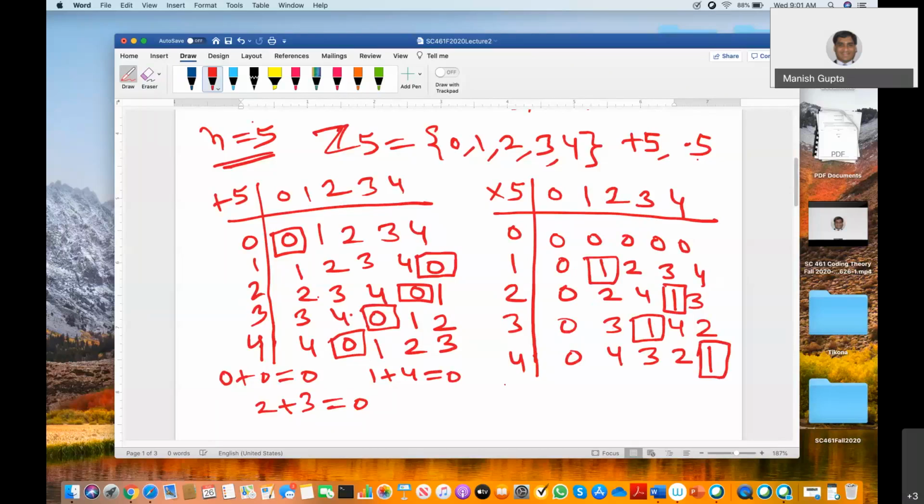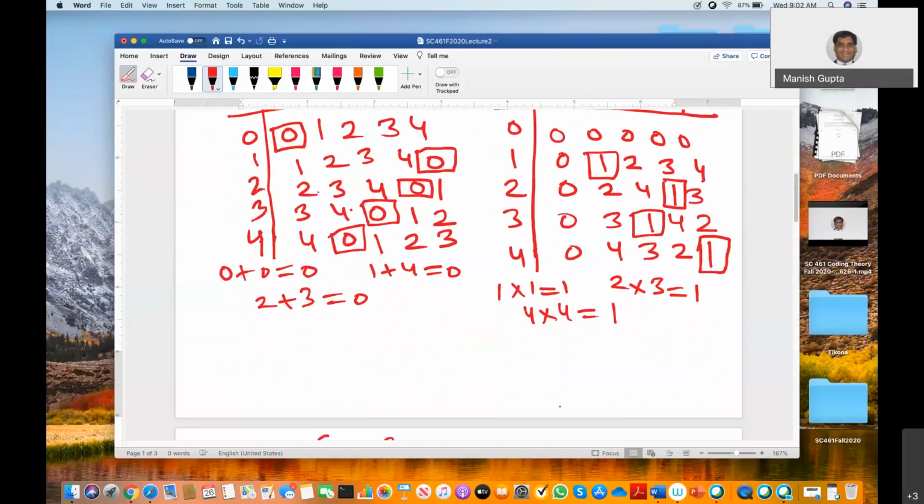So now 1 into 1 is 1. 2 into 3 is 1. So inverse of 1 is 1. Inverse of 2 is 3. Inverse of 3 is 2. Inverse of 4 is 4. Okay.